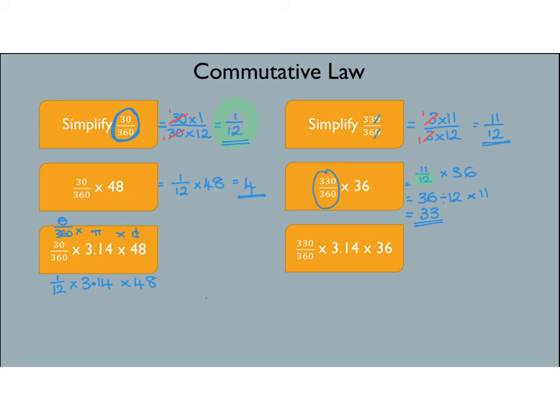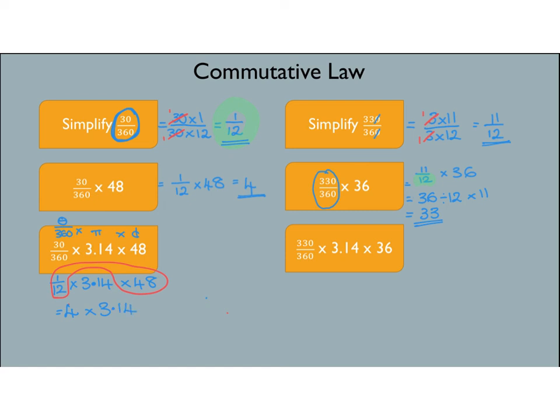Okay, so we're just piecing everything together now. Do I fancy working out a quarter of 3.14? Absolutely not. So I'm going to have a look at a 12th of 48. We worked that out, so that's fine. A 12th of 48 is 4, and then times by 3.14.